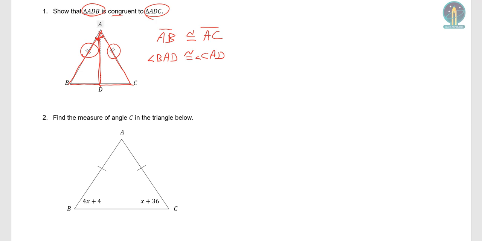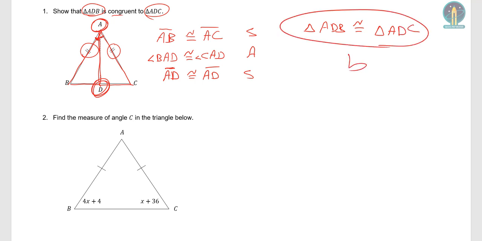And we have segment AD, which is congruent to itself, so it's shared by both triangles. It's part of ABD and part of ADC. So now we have side, angle, side. Therefore, triangle ADB is congruent to triangle ADC by side, angle, side.